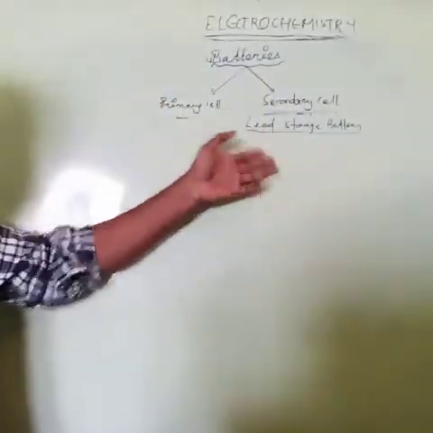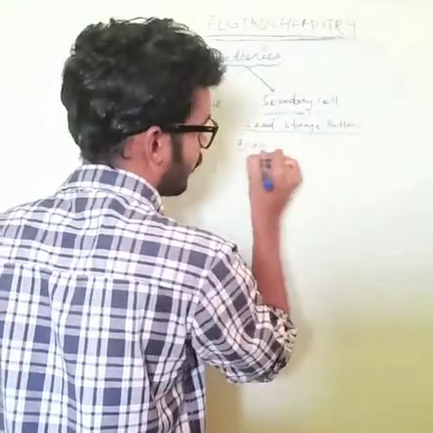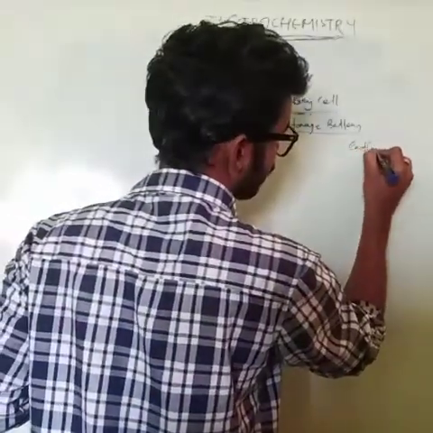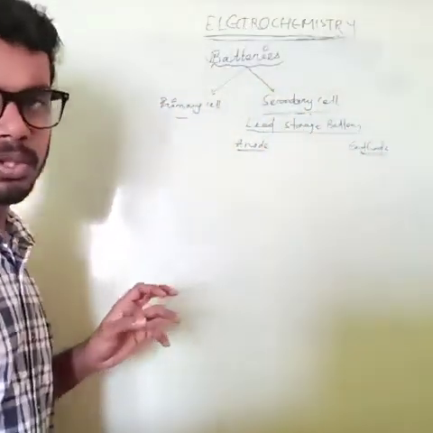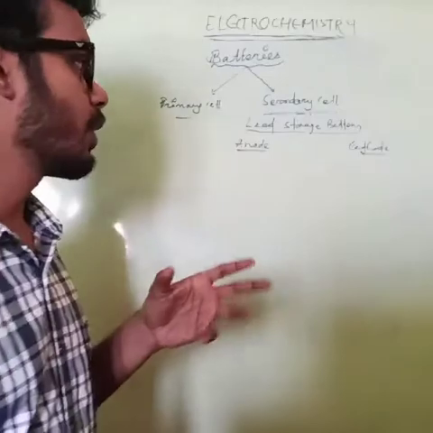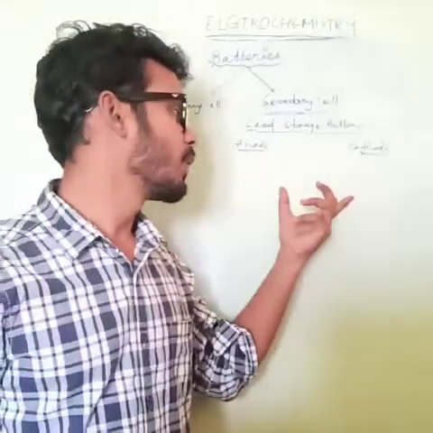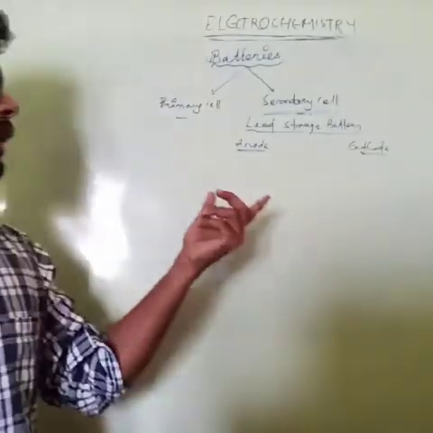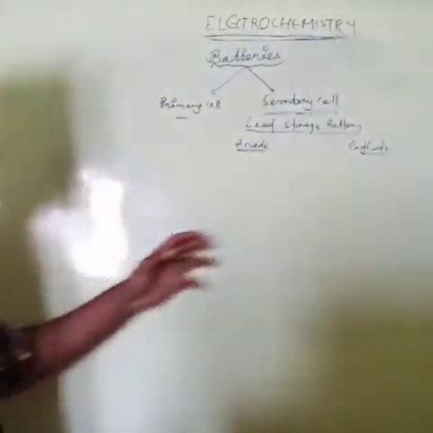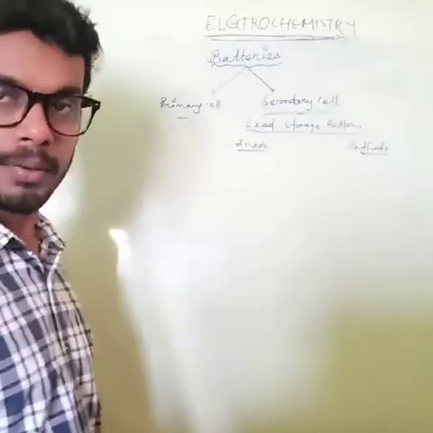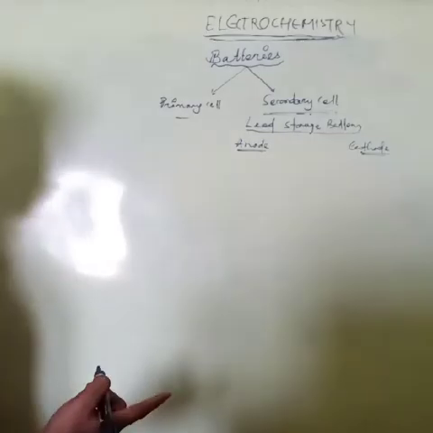Write anode and cathode. These batteries are usually used in your inverter, car batteries, automobile batteries, and again lithium ion batteries. So these come under your secondary cell. So, lead storage battery.